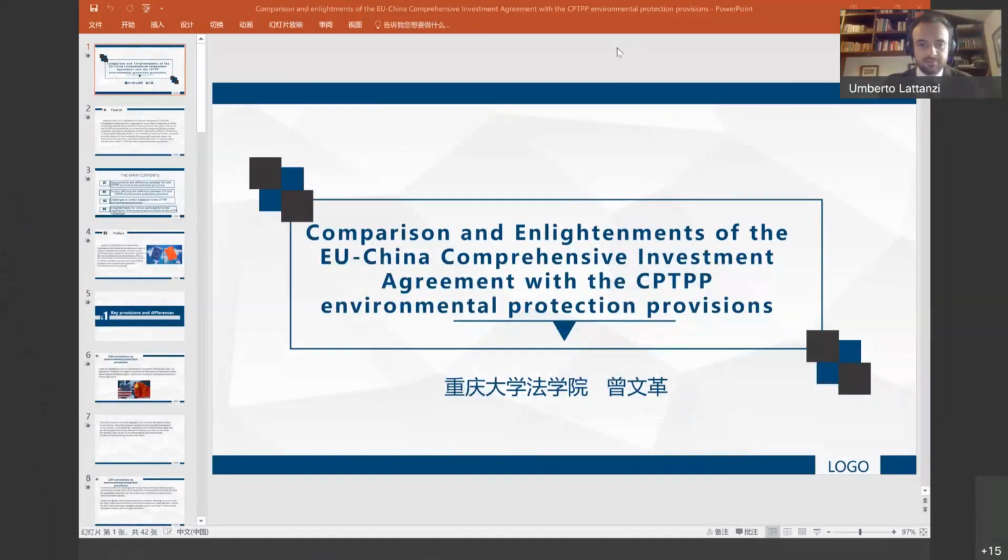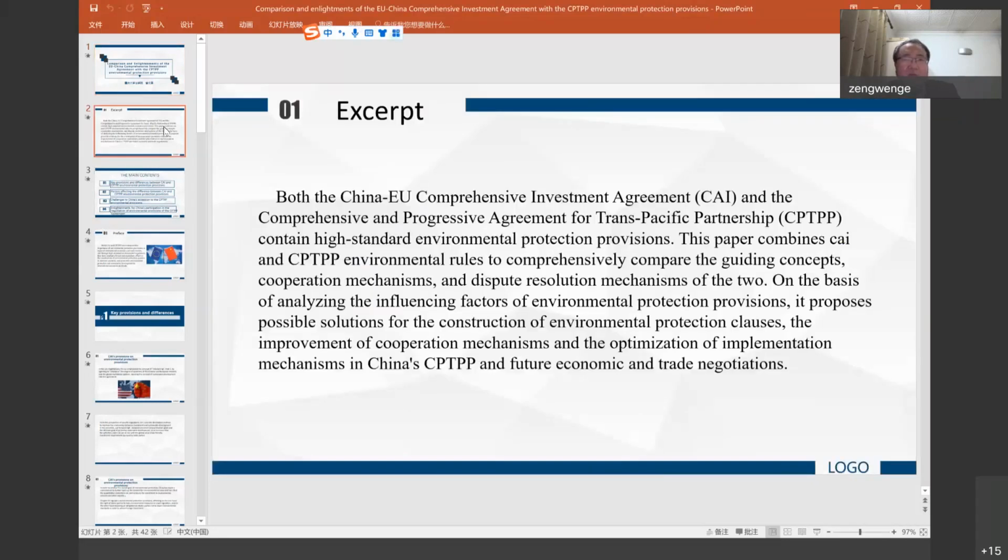Thank you. My presentation is about the comparison and the enlightenment of the EU-China Comprehensive Agreement on Investment with the CPTPP environmental protection provisions. The China-EU Comprehensive Agreement on Investment has some articles about environmental protection provisions.